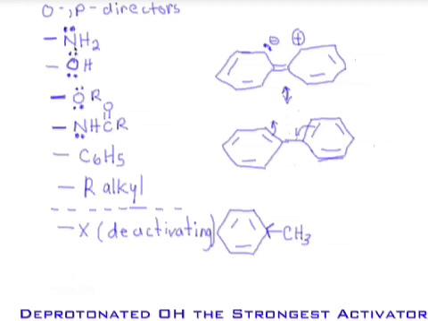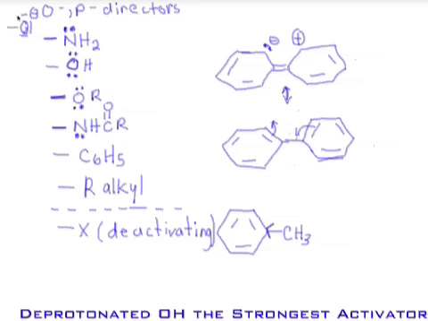Now at the top of this list, I can make oxygen less electronegative and make it a stronger activator than aniline by taking these neutral substituents and deprotonating them. If I take oxygen and make it O negative, pull the proton off, O negative is more activating than NH2 because the negative charge satisfies some of the electronegativity of the oxygen, allowing the resonance effects of dumping in electrons.